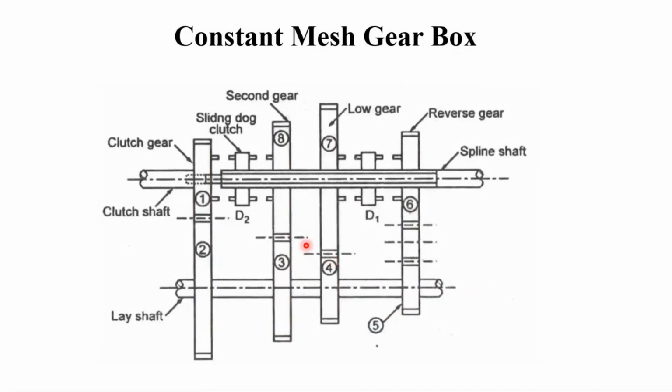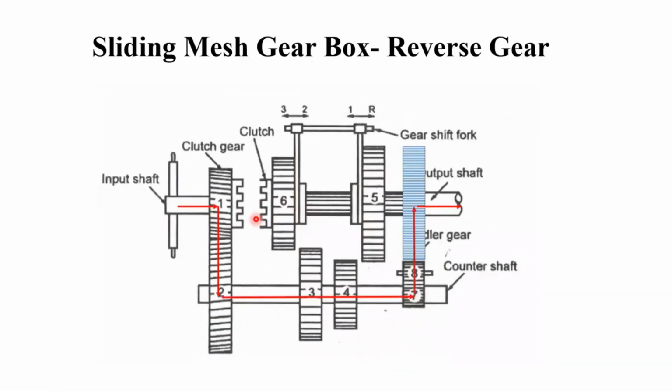So here in this case, we have the dog clutches D1 and D2, where whenever there is an engagement between the gears, it is not going to be noisy. Even if there is a breakage, the breakage is not going to happen to the complete gears.